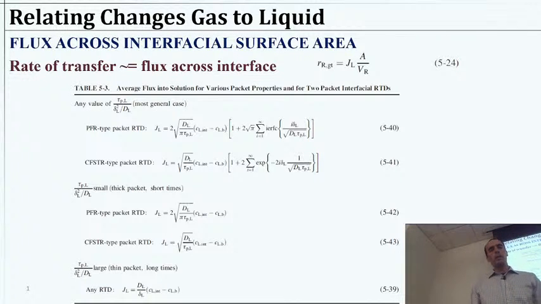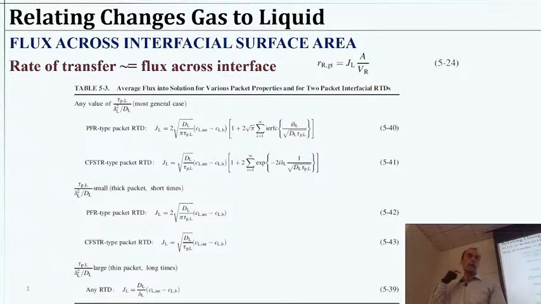Anyway, we're going to come back, building from last time, and just focus in on what is the flux of our gas species across some surface area. And we have this table here, and really what we want to understand is that the flux of a gas across some surface is effectively the rate of transfer of the gas.